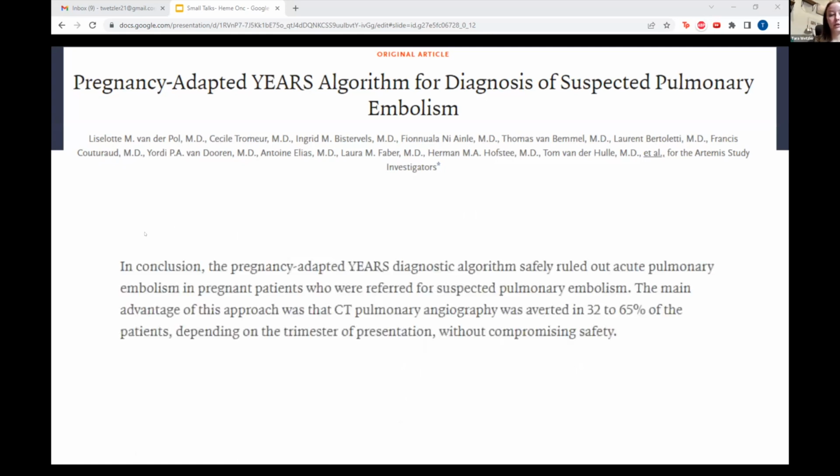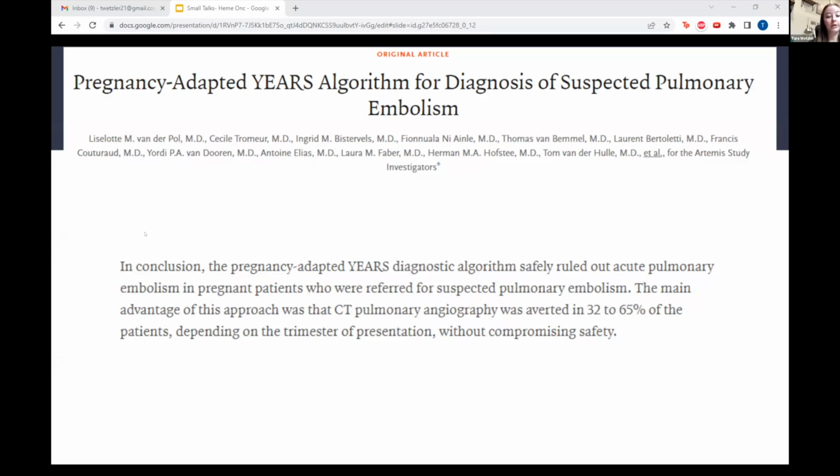So this led them to conclude that the YEARS algorithm was able to safely rule out acute pulmonary embolism in pregnant patients in whom it was suspected. And they said that they were able to avoid CT pulmonary angiography in 32 to 65% of the patients.